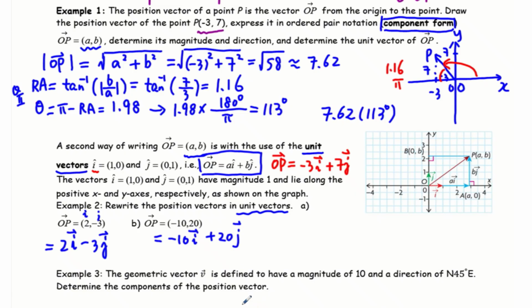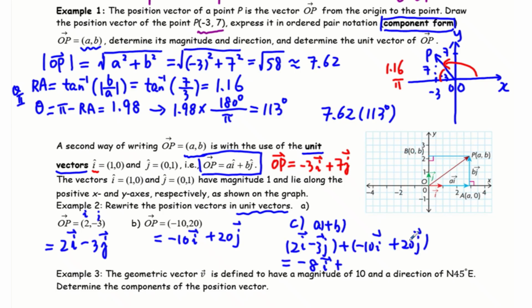And I want to put one more practice. If we want the sum of these two, a plus b, then what we could write is 2i minus 3j plus -10i plus 20j, then collect the like terms. For i, 2 minus 10 gives us -8.